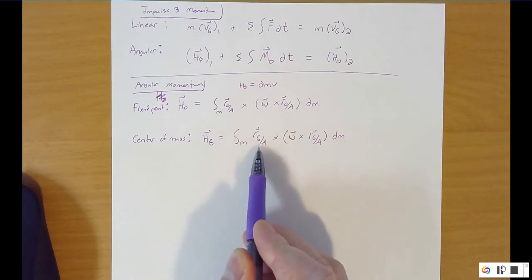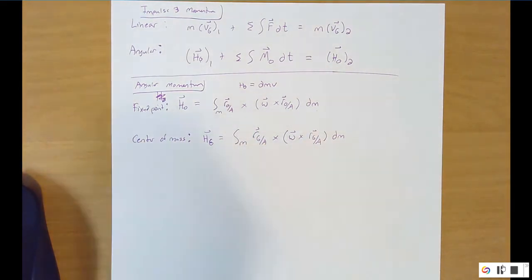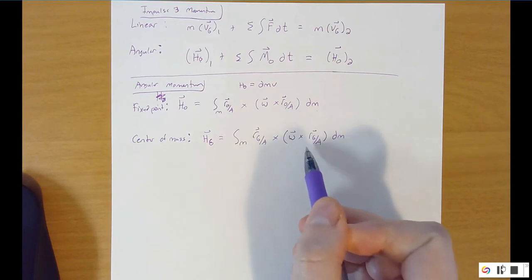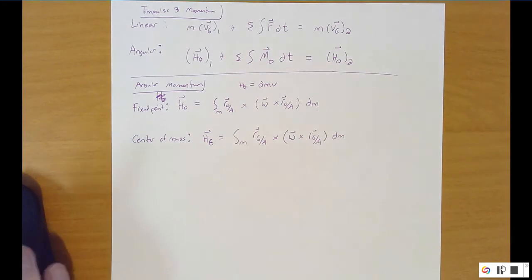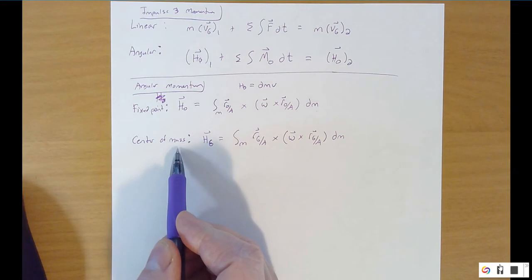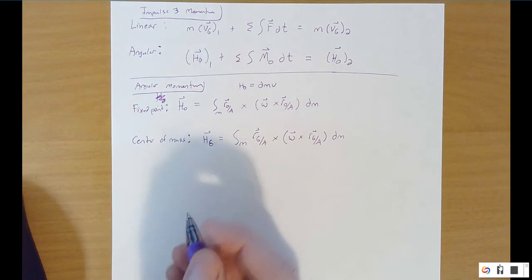Our distance will be the distance to G from our base point A, and omega, and then again to G within our local coordinate system. And so if I want to find it about some arbitrary point, so instead of a fixed point or about a center of mass, those are the two most convenient. But if you needed to move it somewhere, then you would use basically the parallel axis theorem to move this.